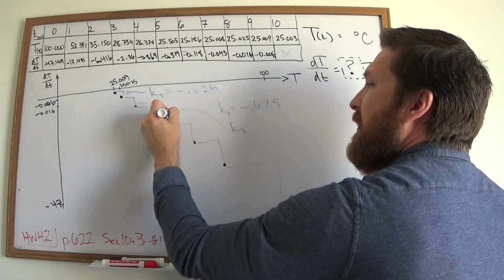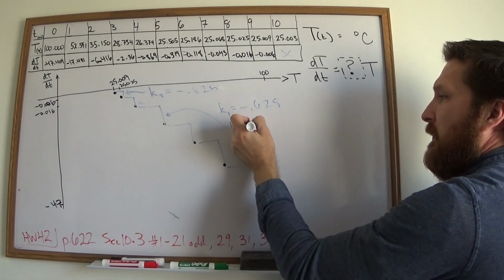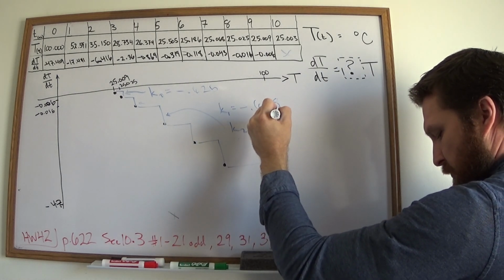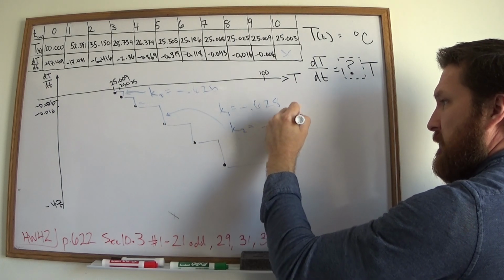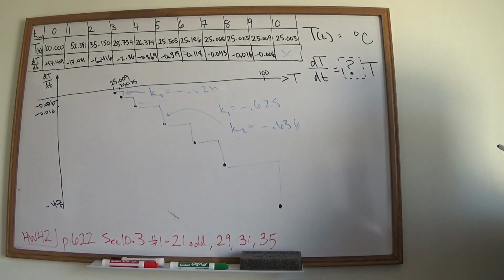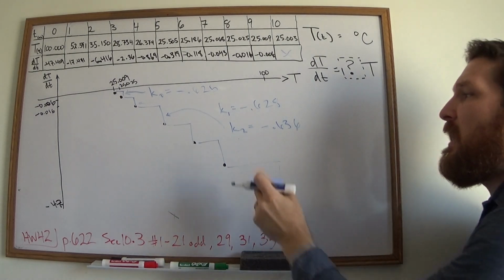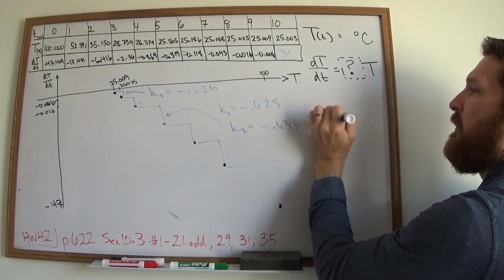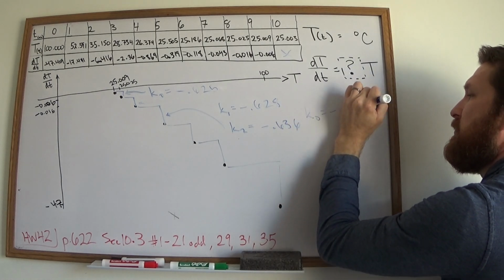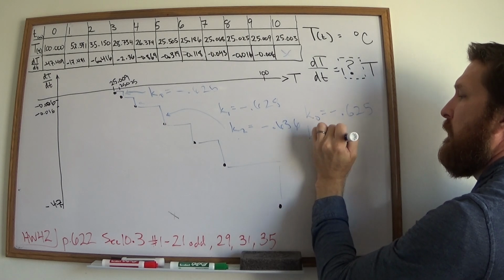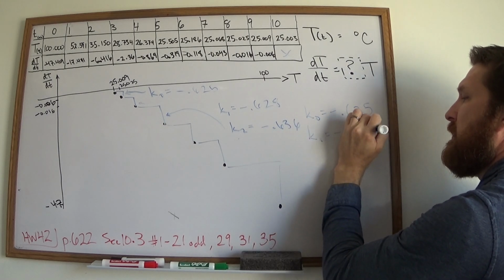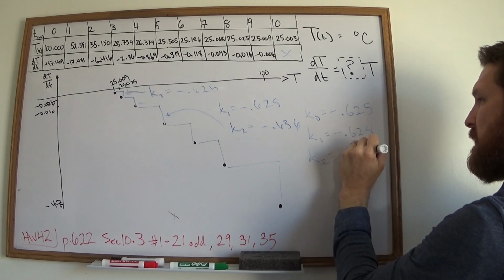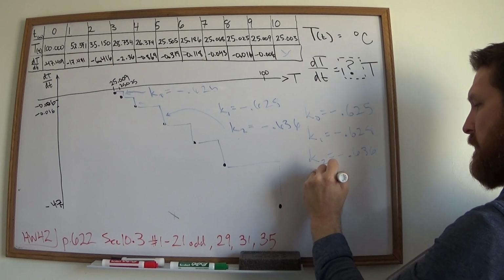K2, the rise over the run, gives you negative 0.636. And you keep going, and I'm just going to write down what each of them are. K0 is negative 0.625. K1 was negative 0.628. K2, negative 0.636.